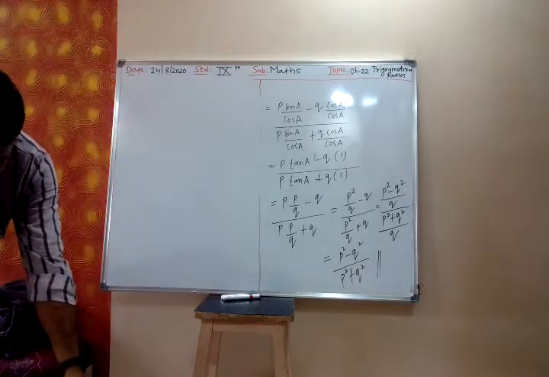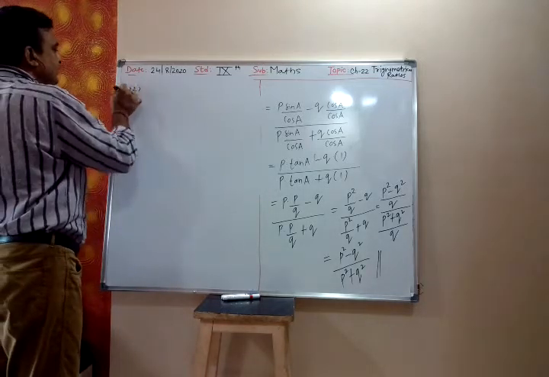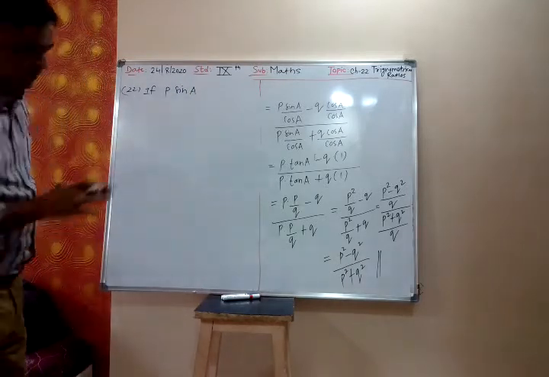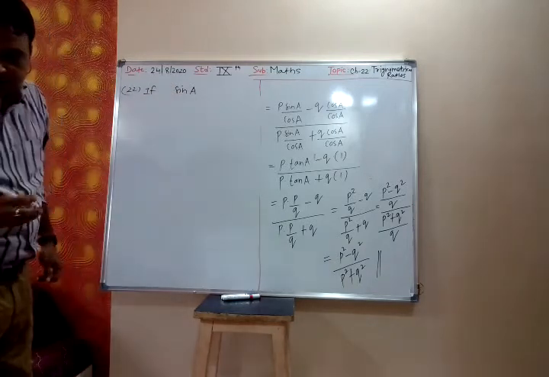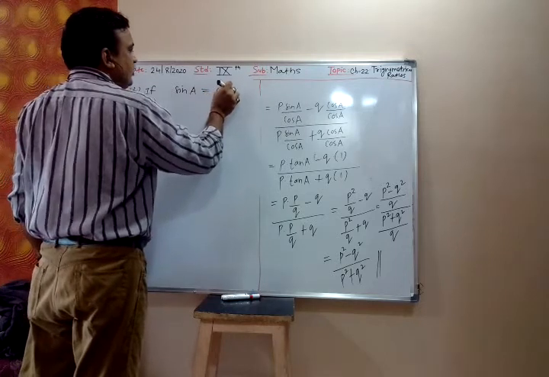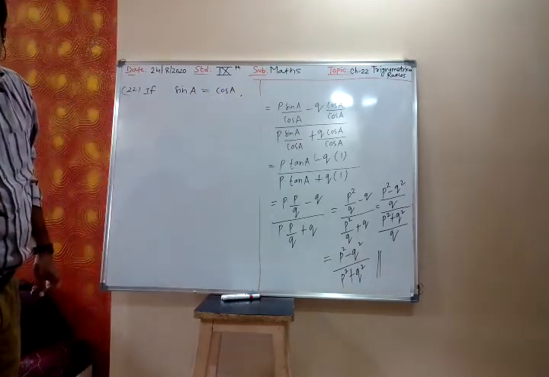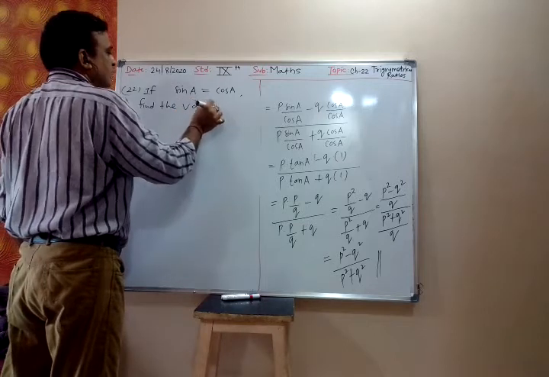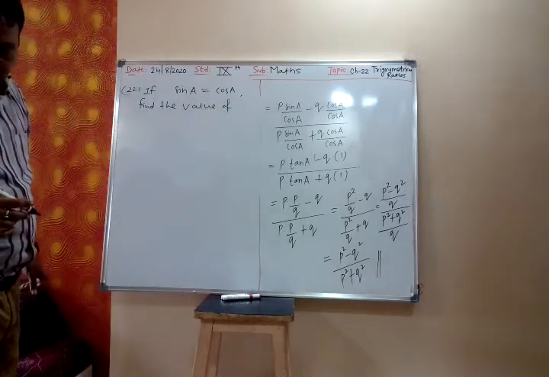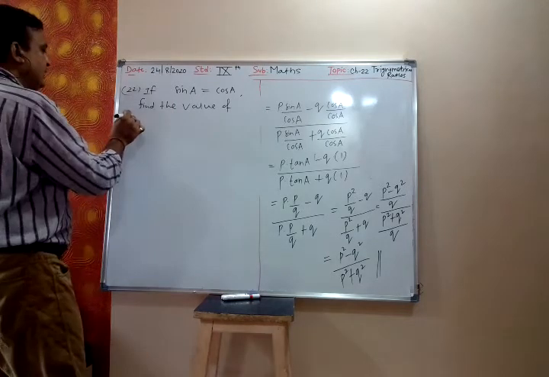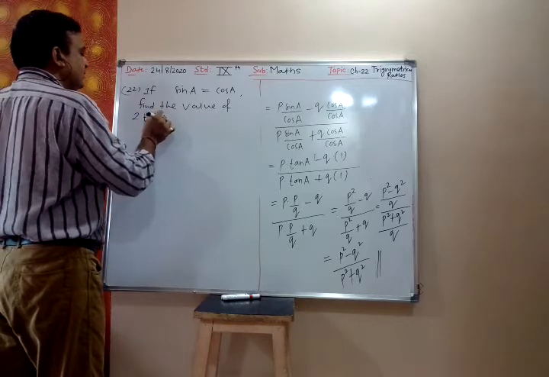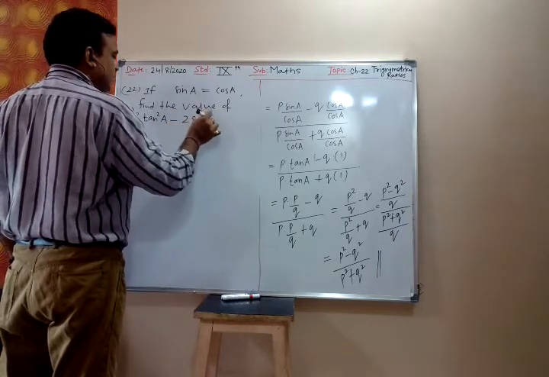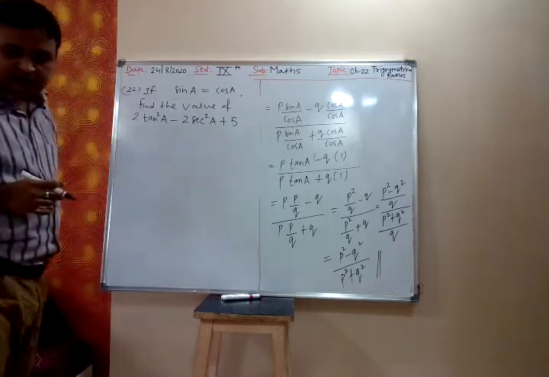Now 22nd: if sin A is equal to cos A, find the value of 2 tan square A minus 2 sec square A plus 5.